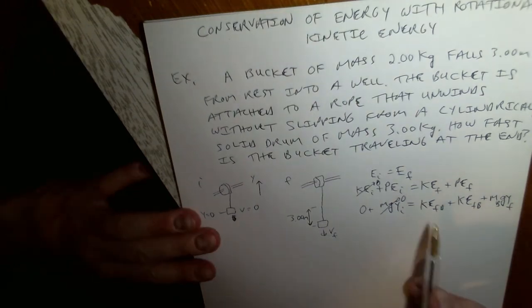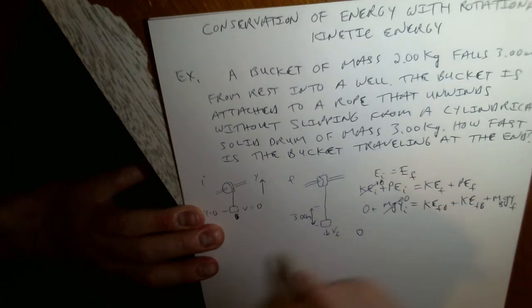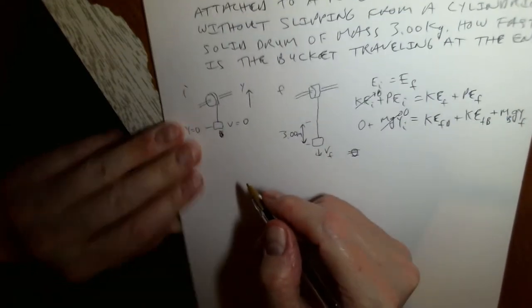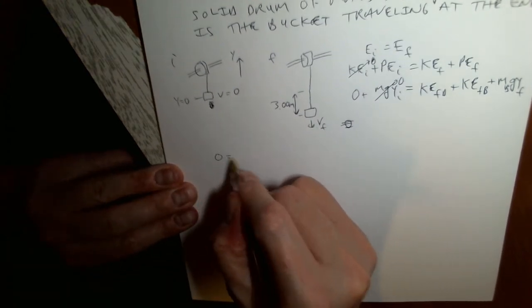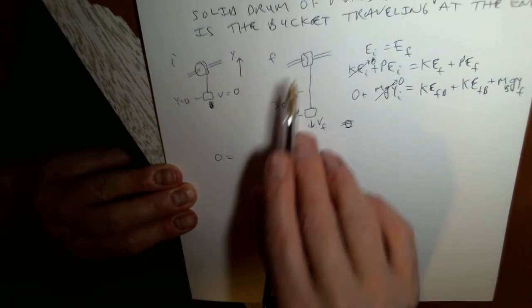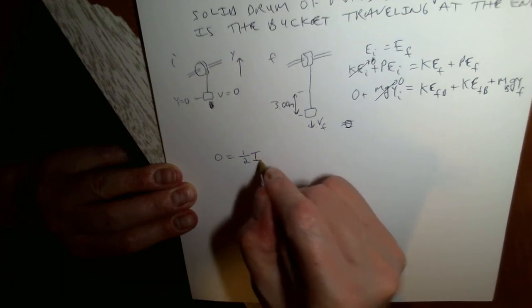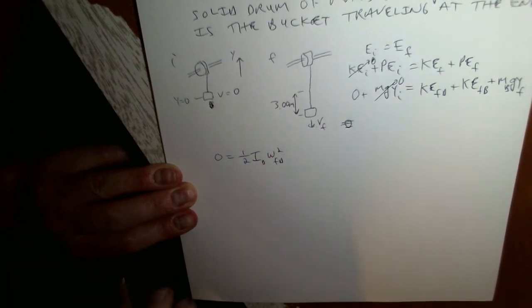Okay, and so we wind up with 0 on the left. In fact, I'll come over here, give myself some more room. And so 0 is equal to kinetic final of the drum. Well, the drum is rotating, and so the final kinetic energy is going to be 1/2 I of the drum omega final of the drum squared. Because rotational kinetic energy is 1/2 I omega squared.